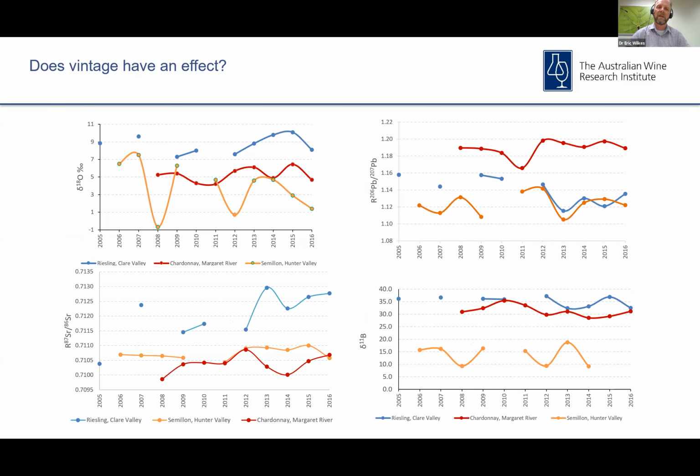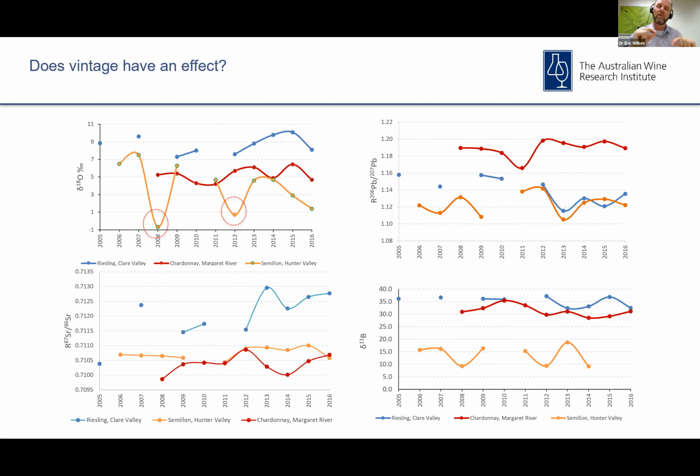Pretty happy with that. But then we have to also check, are there any other issues that we need to take into account? An important one is, does the data vary from vintage to vintage? And other than a couple of slight outliers that we saw in the Hunter Valley, which probably do relate to rain events for oxygen 18, what we saw was that, no, we don't have to worry about vintage to vintage, because the differences that we saw from year to year are much smaller than the differences we saw between regions or between Australia and overseas.